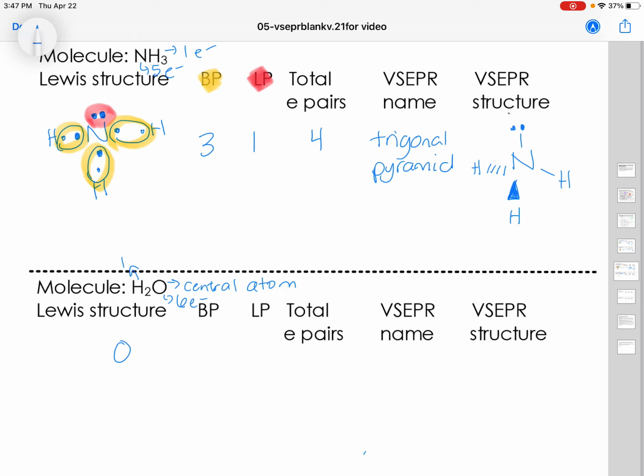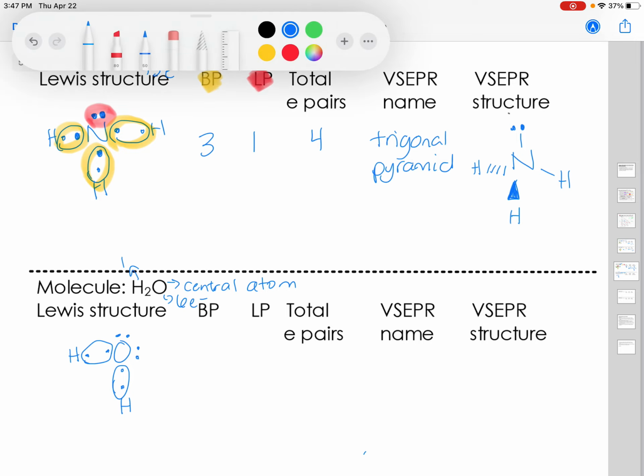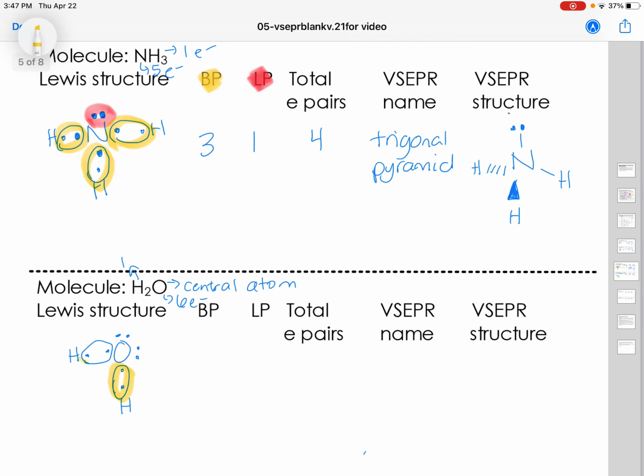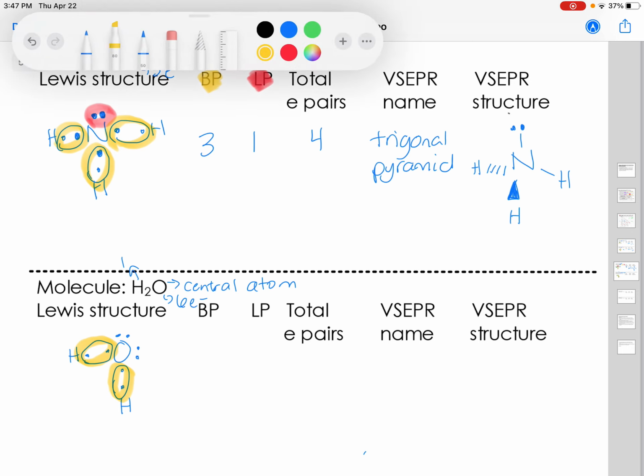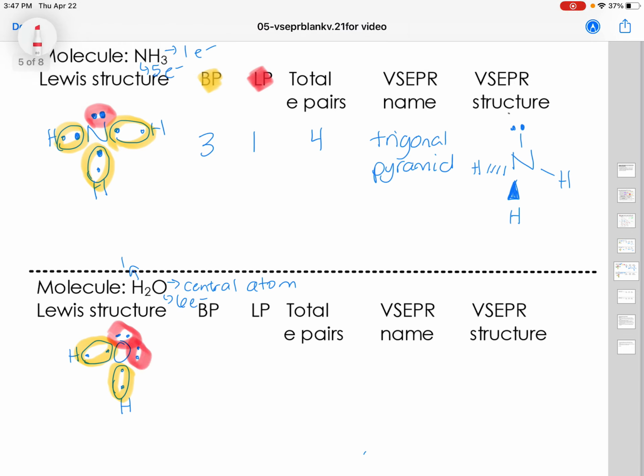Give it a quick sketch. Okay, so now this time I'll continue with the same sort of thing. We have a bond here, we have a bond there, and this time we have 2 lone pairs.